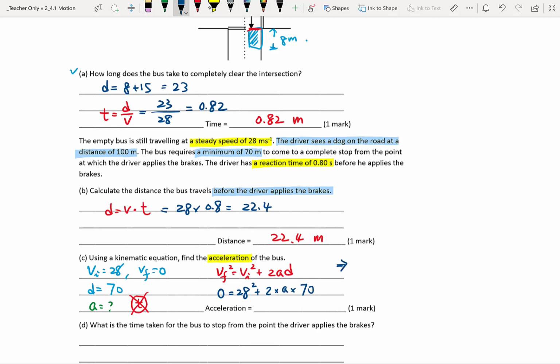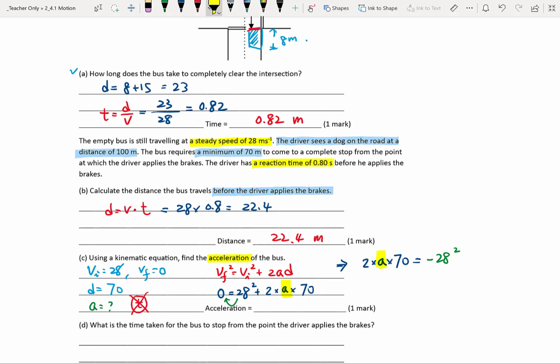Now we rearrange the formula. Conventionally we put the unknown this way, so 2 times A times 70 is here, and we shift 28 squared to the other side, which becomes negative 28 squared.